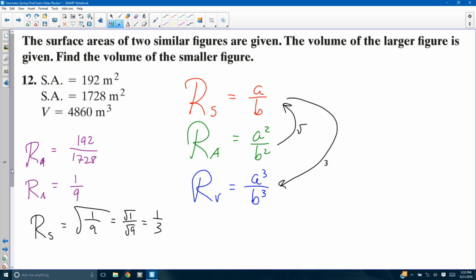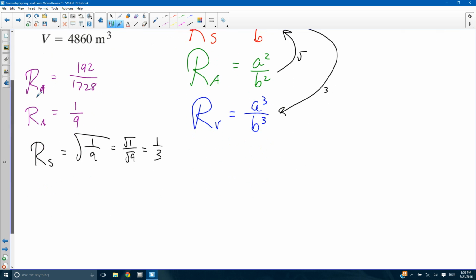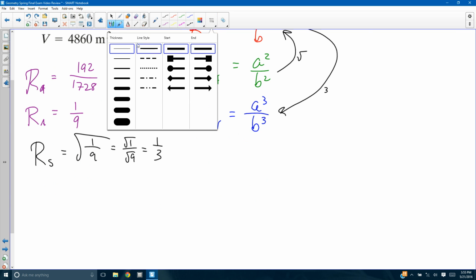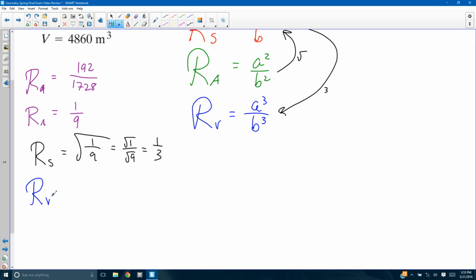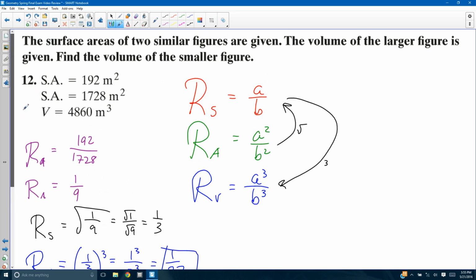Okay? Which means basically whatever two objects I'm looking at, one has triple the lengths of the other. Okay. Volume ratio now is taking the similarity ratio and cubing it. So 1 cubed over 3 cubed is 1/27. Okay, this ratio is the one that I'm going to use when setting up these two volumes.